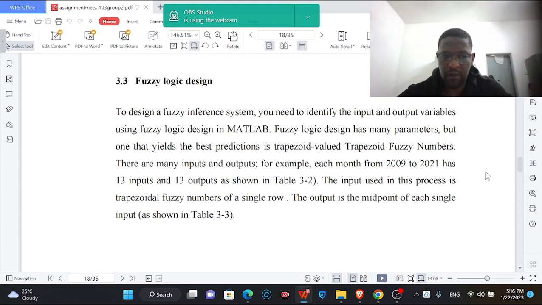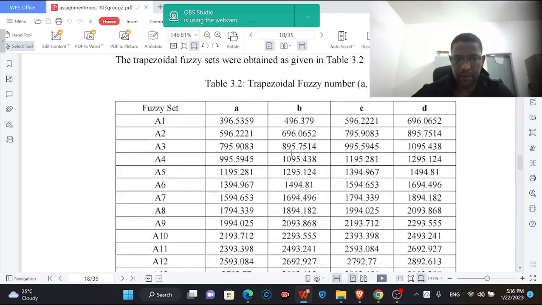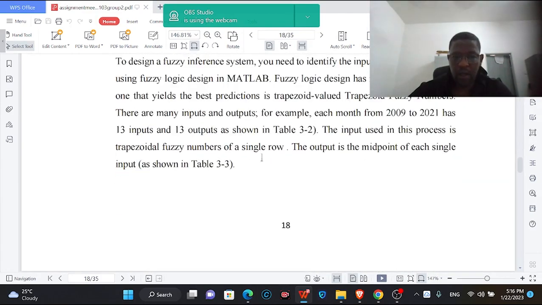There are many inputs and outputs. For example, for each month from 2001 to 2009, there are 3 inputs and 3 outputs, as shown in the table before. The inputs use these processes in the trapezoidal fuzzy numbers of a single row.